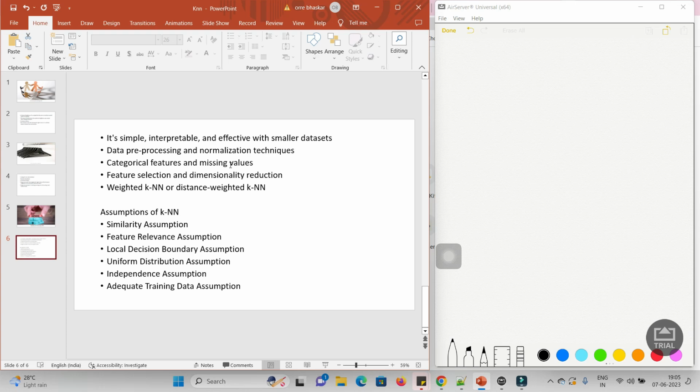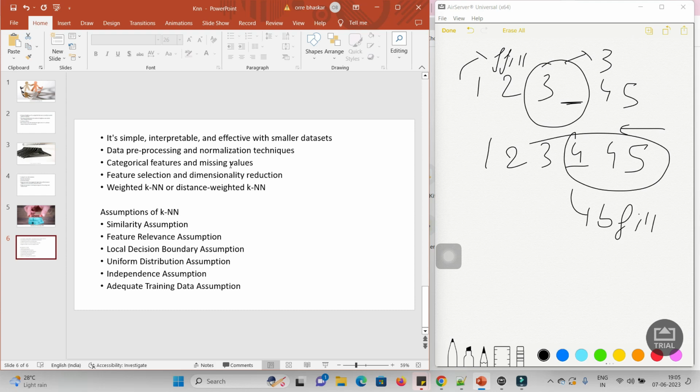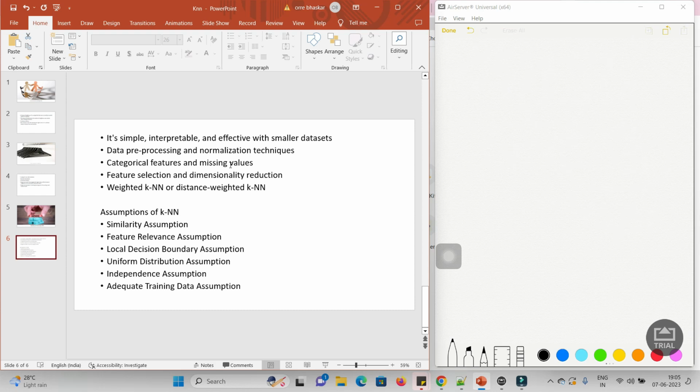What is forward fill? If we have values like 1, 2, 3, missing, 4, 5, forward fill will impute this value with 3. What about backward fill? For a similar example, we are going in the backward direction. This value will be imputed with 4. So this is forward fill, F fill, and this is backward fill, B fill. Mostly we're using this for time series data.